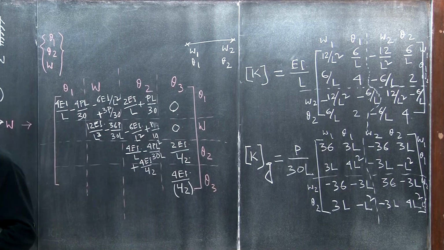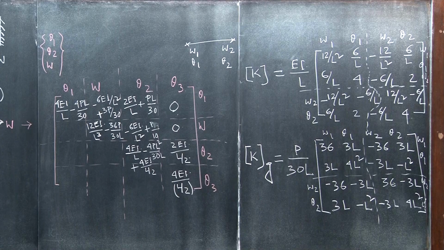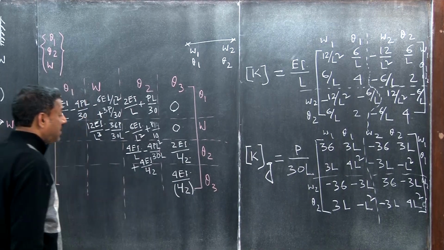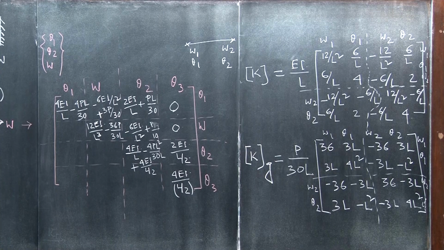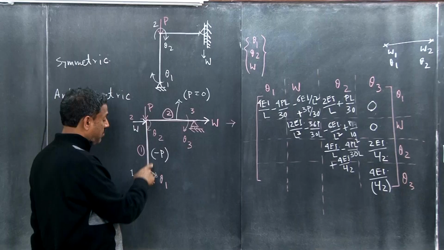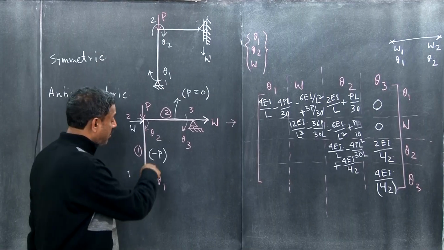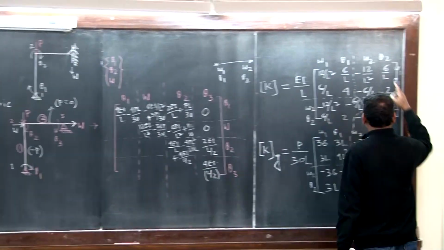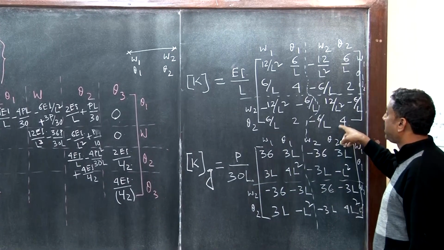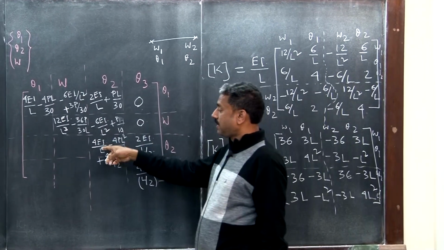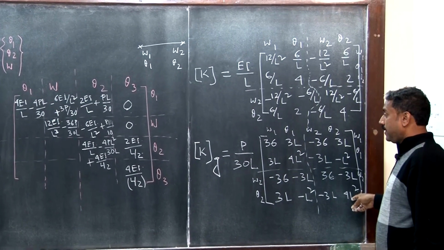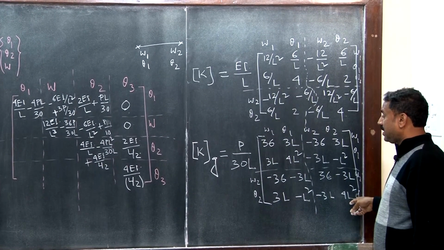When I am considering this member, theta 2 theta 2 will be contributed both by member 1 as well as member 2. For member 1, it will be 4EI by L, and then minus 4PL square by 30L.